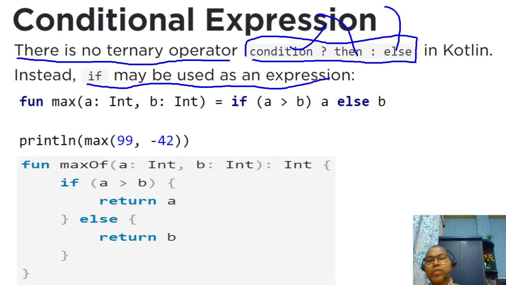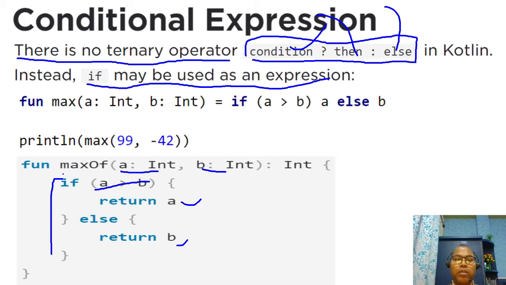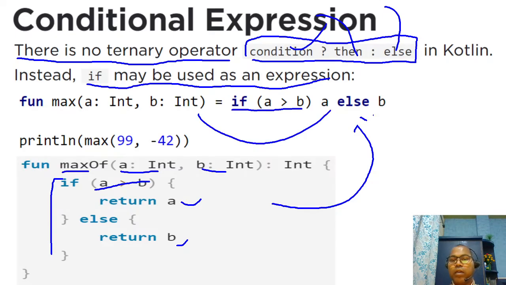Take a function with two input arguments a and b, and return whichever is greater: if a is greater than b, return a, or else b.